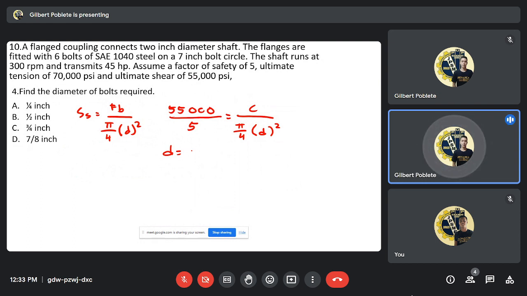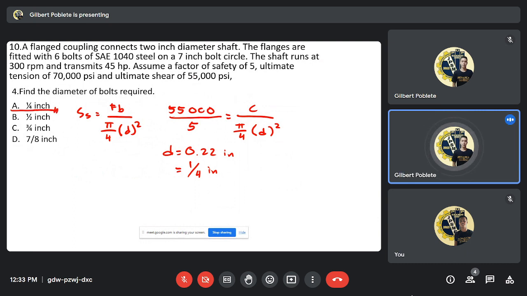So meron tayong nakuha ng 0.22 inch. So 0.22 inch, malapit tayo sa 1/4 inch.